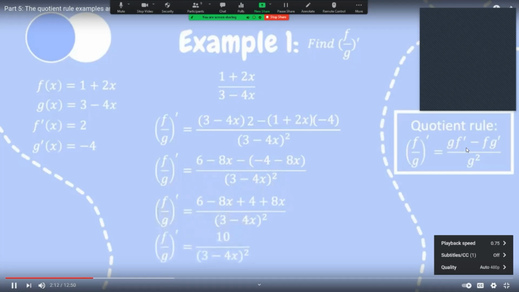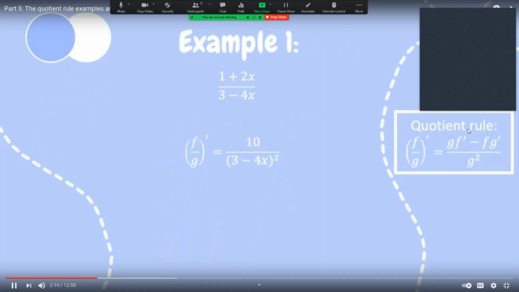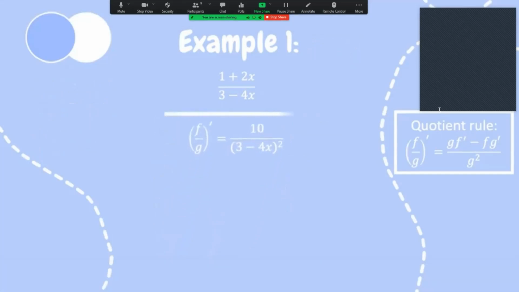Then you can simplify that even further. So that's just 10 divided by 3 minus 4x squared. And that's it.